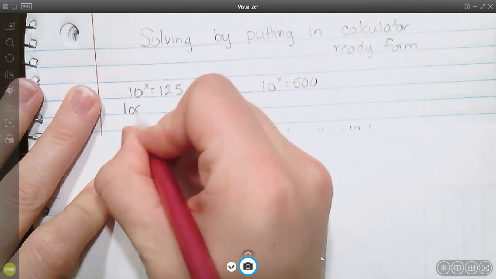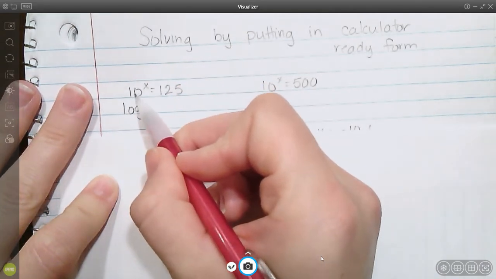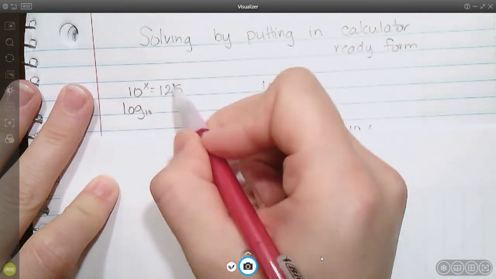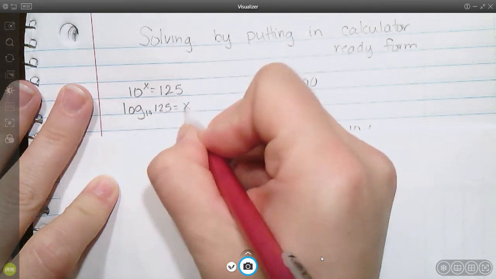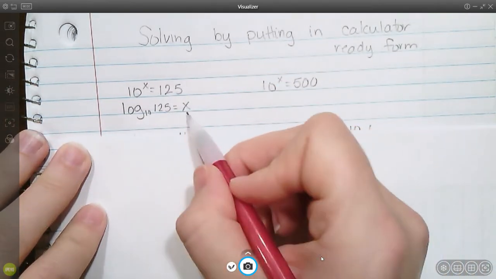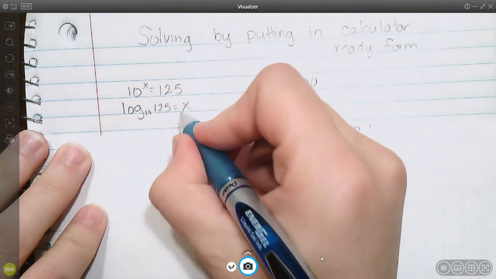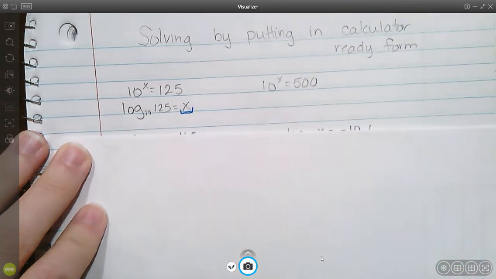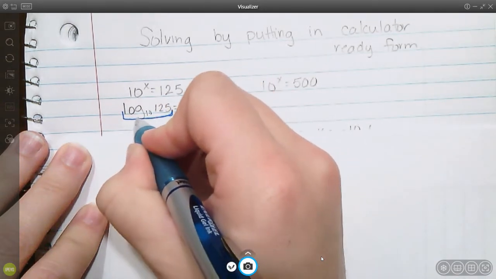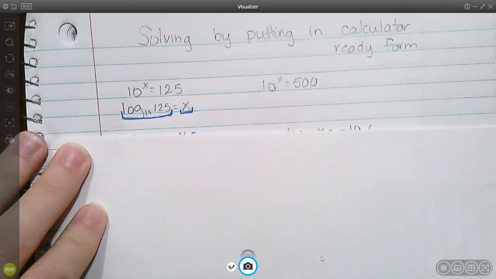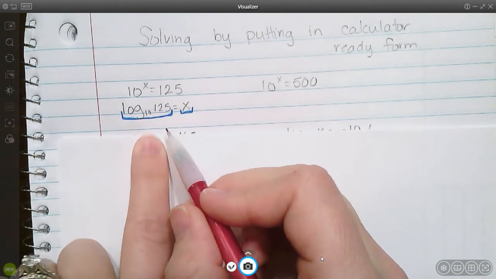So you're going to have log, okay, this is your base, so 10, of 125 equals x. So we have x solved for because it is by itself on one side. And this is what you would put into your calculator. So this right here is calculator ready form. This is a perfectly fine answer.